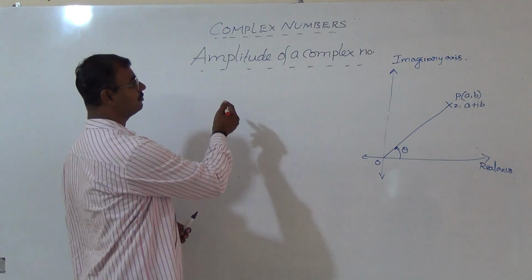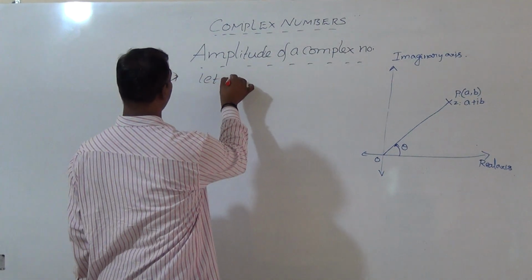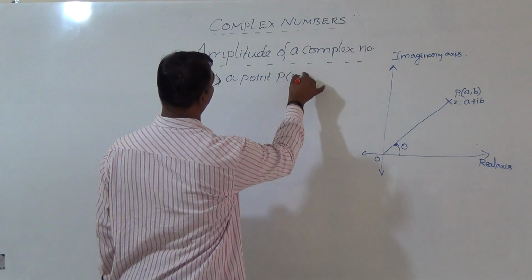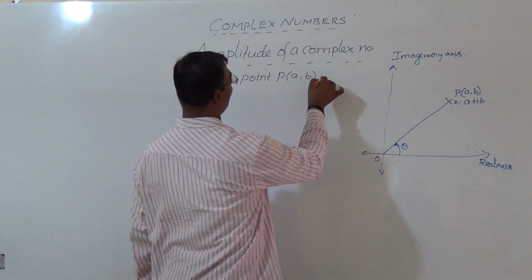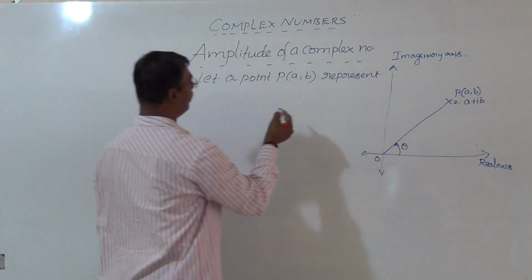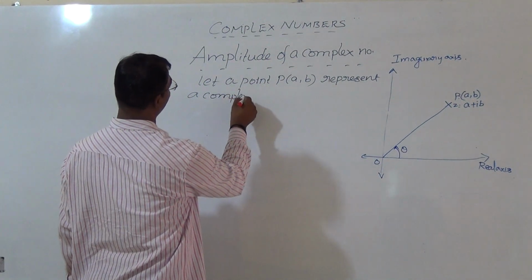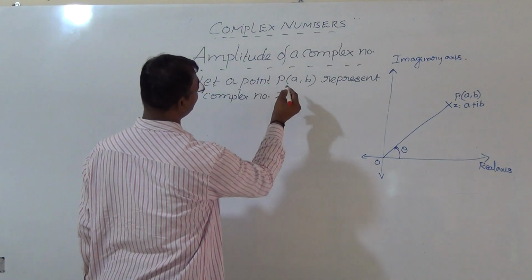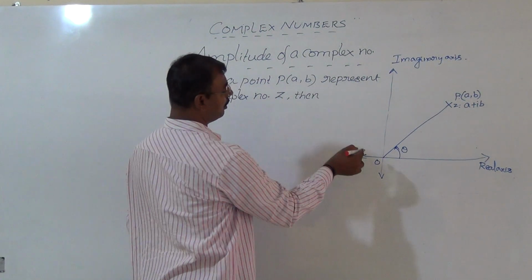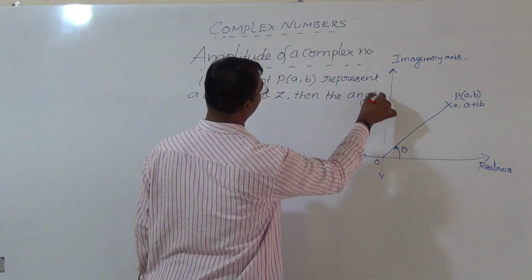Shall I write the definition? Okay, all of you note this one. Let a point P (a, b) represent a complex number z.